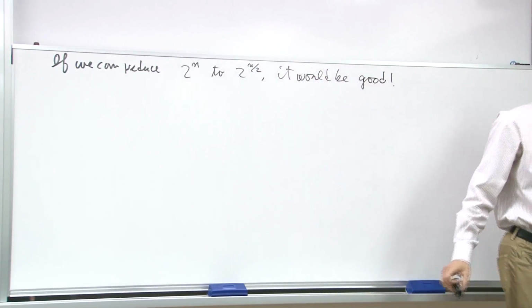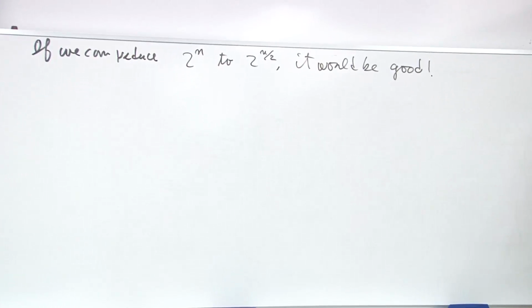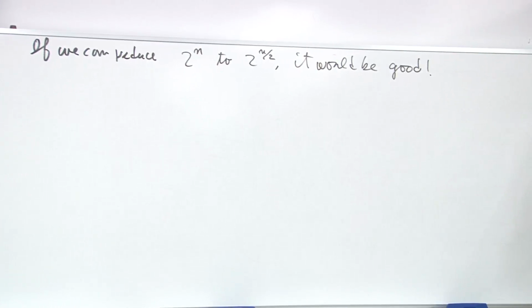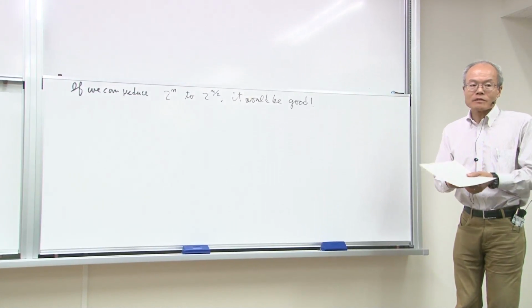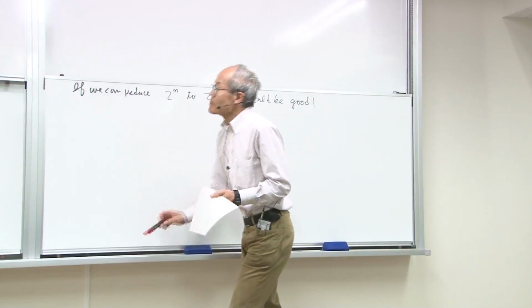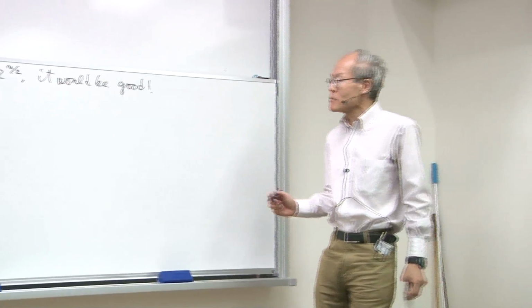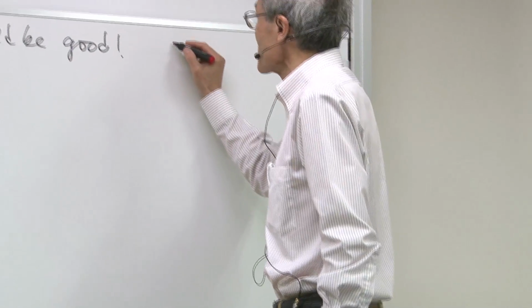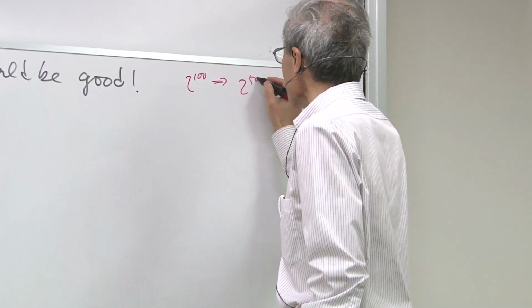The idea is to try to go from 2 to the n to 2 to the n over 2. That is our goal. That is what we call exponential speedup. For example, if we have 100 numbers, that means going from 2 to the 100 to 2 to the 50.